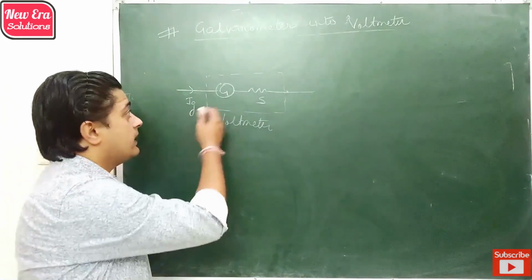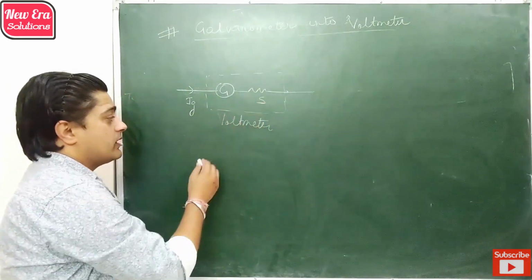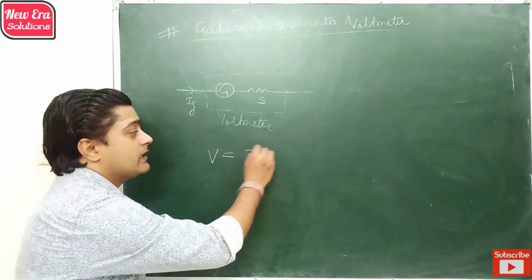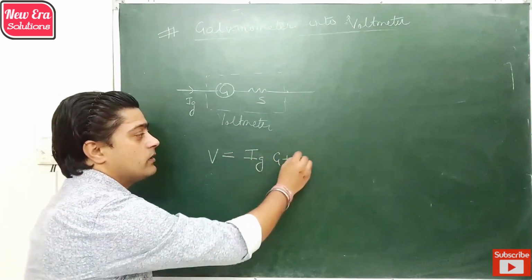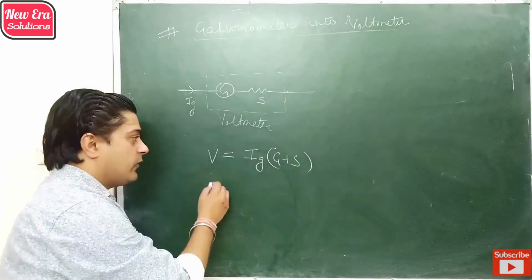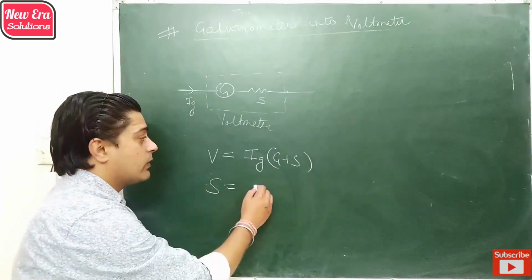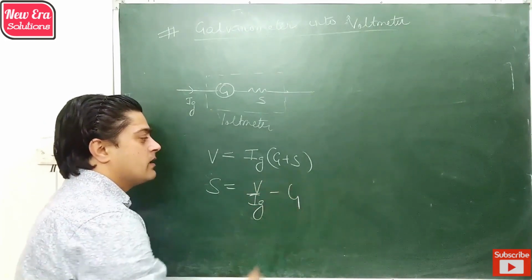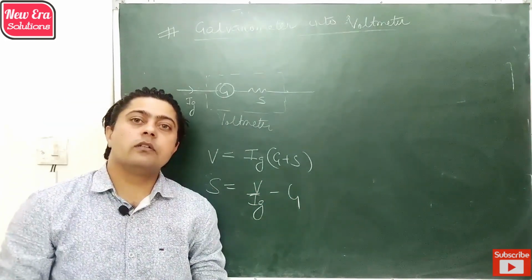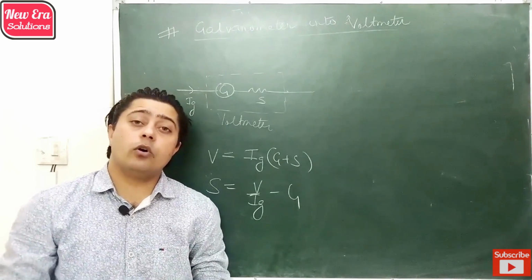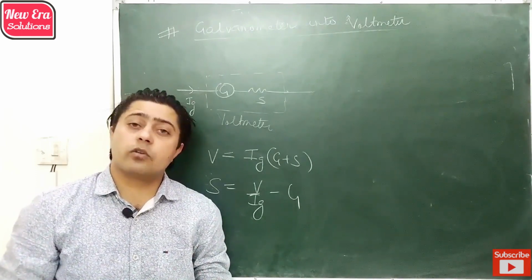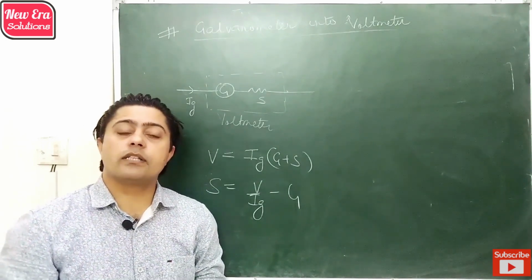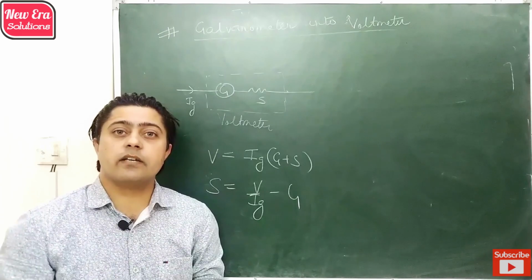So the current flowing through the galvanometer and the shunt is the same, and in that case, the potential across the circuit is the total current into the total resistance. And the shunt required to measure that voltage is V by Ig minus G. So we can find the potential for a different shunt, or we can use the shunt according to the potential which we want to measure. So a galvanometer is a low resistive ammeter and a high resistive voltmeter.